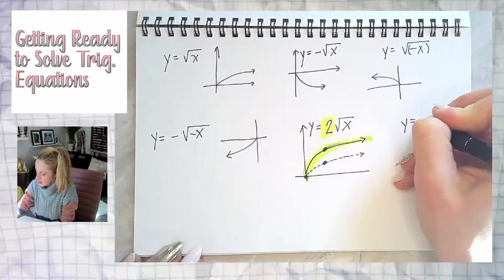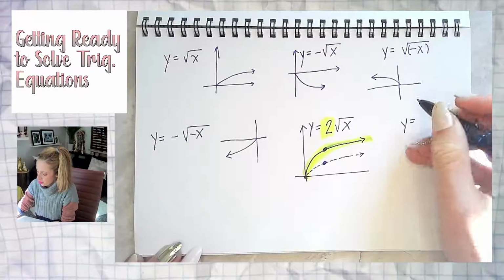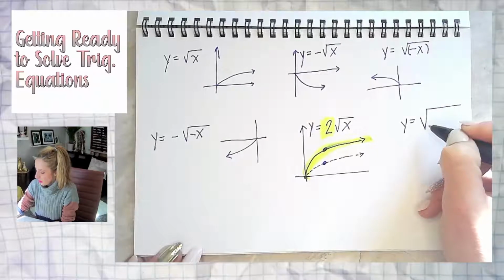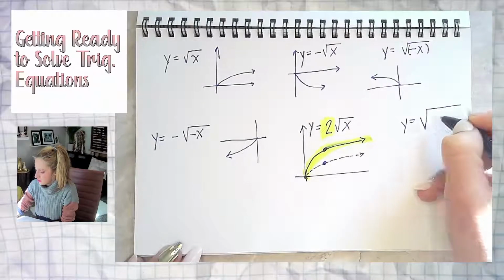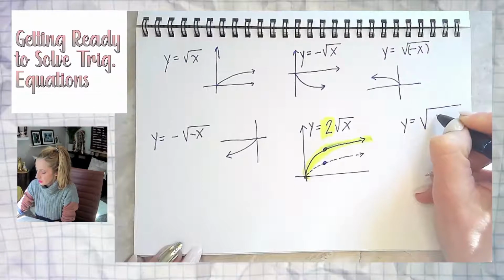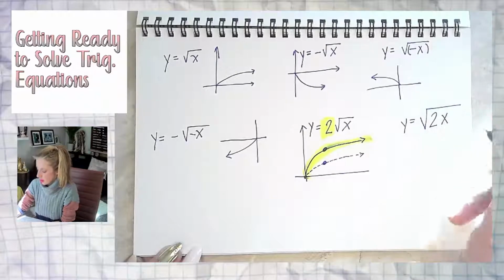Y equals, I don't know which way I want to do this now. Let's do, I guess I'll do this. 2 square root of x inside.